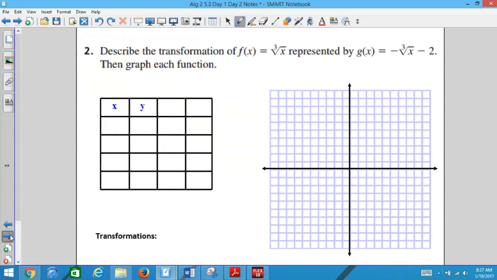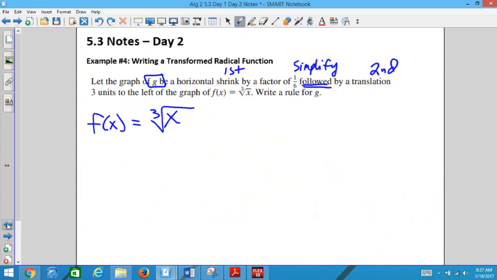So we go to this question. What is my factor? If it's a factor 1/6, what is my a value? What am I going to be putting in with the x? No, because it's horizontal, I don't put in 1/6. I put in 6, the reciprocal.